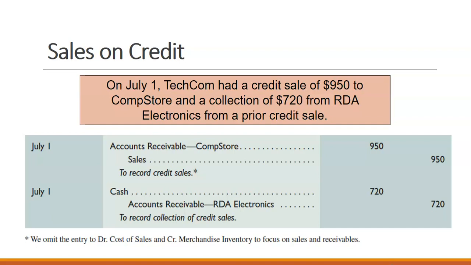When we record the collection of sales, we receive cash and we would credit accounts receivable. We're just focusing on the sales and receivables, but that does not mean that if we were recording for merchandise inventory, we would not also need the transaction for cost of goods sold and the merchandise inventory account.